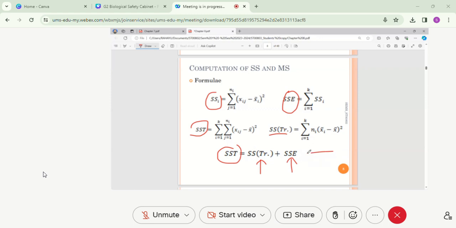So choose either this one and this one, or the 2 and the 3. It's up to you. You can choose whichever you feel you can get the answer faster and with less confusion. But I will explain every single one of them, then you will decide which one you feel is easier to compute.